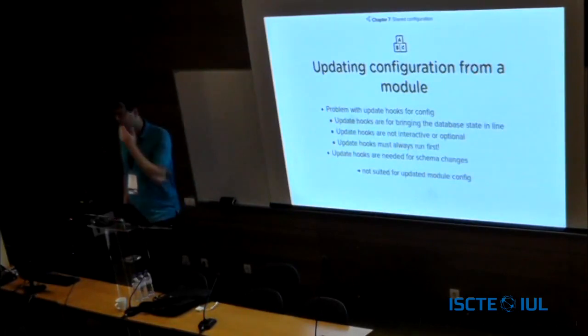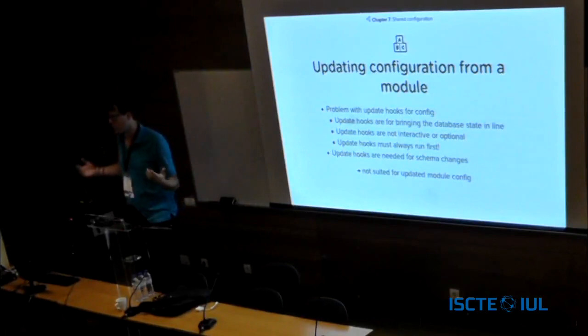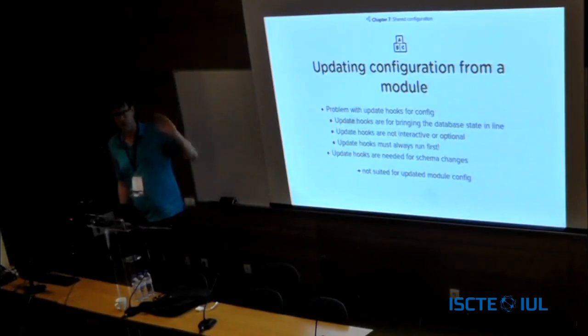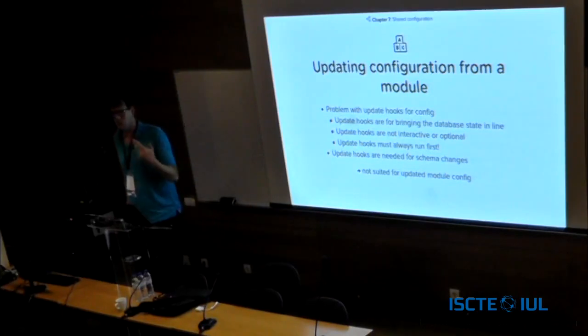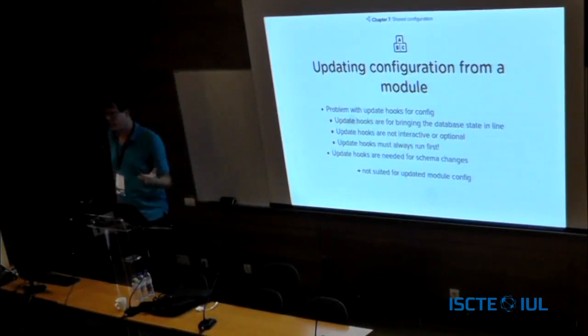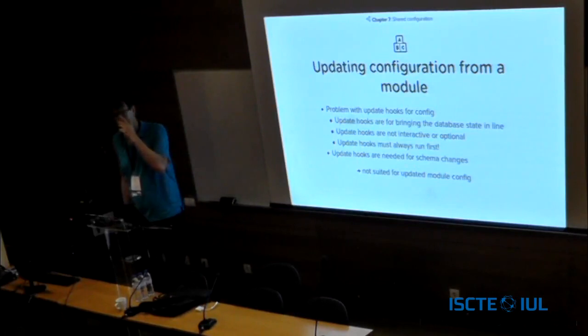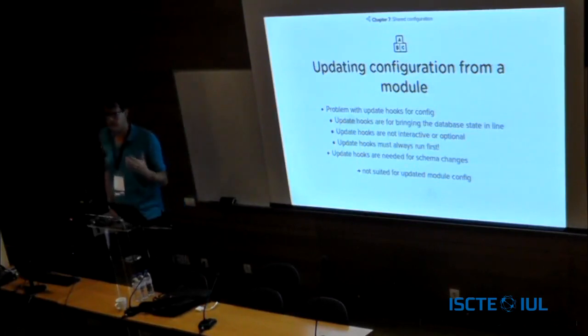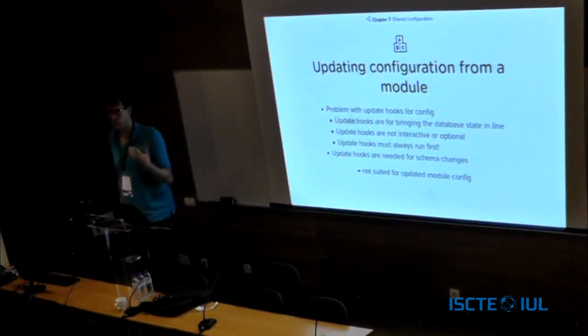The other option that you have are update hooks, right? Update hooks, you know them since Drupal, I don't know, forever. And you can execute code that is executed only once. The problem with update hooks is they're not made for configuration updates.